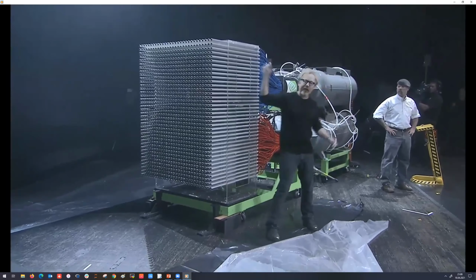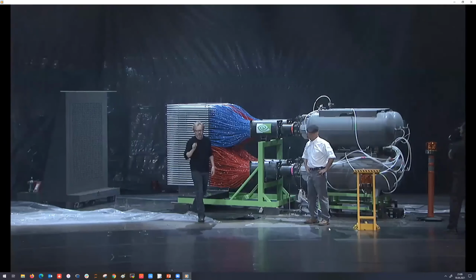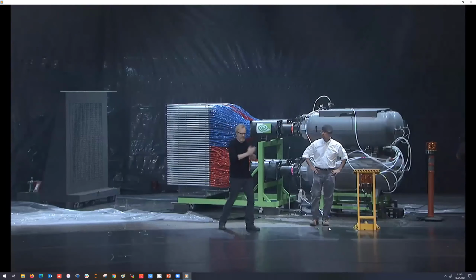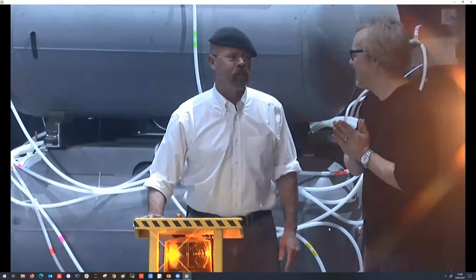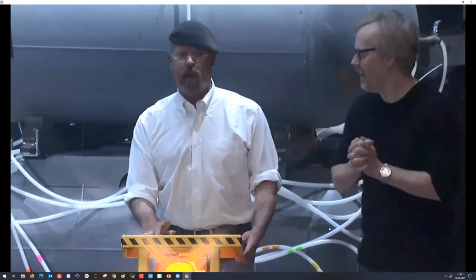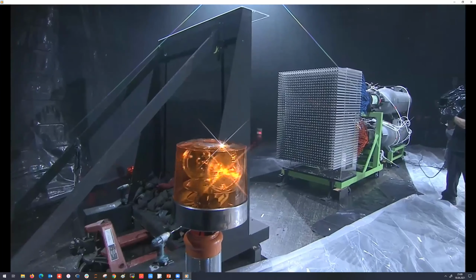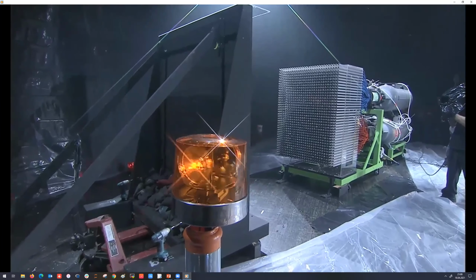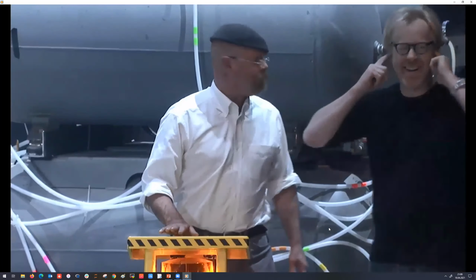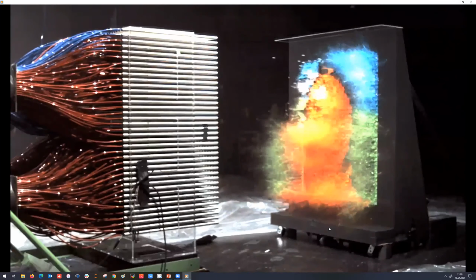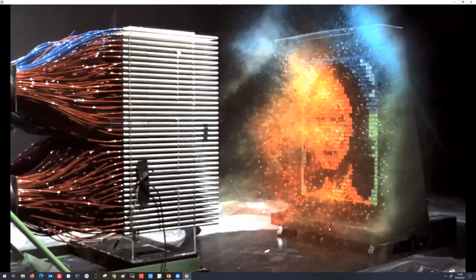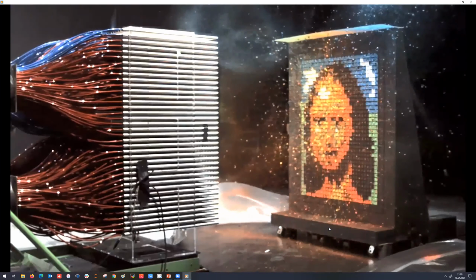Each of those paintballs will fly across 7 feet of space and in 80 milliseconds reach its target. Hopefully, when it's all said and done, it's going to paint the Mona Lisa. GPU painting demonstration. Yep. In 10, 9, 8, 7, 6, 5, 4, 3, 2, 1. Ladies and gentlemen, science class is now over. Thank you.